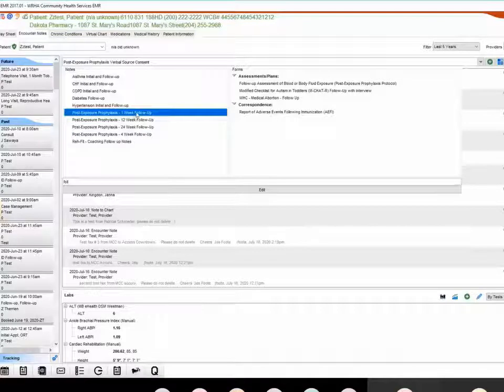The week 1 follow-up will pull up, and they all basically look the same. They follow the same pattern. The reason they're clinical note templates is so that we can include the pick lists. This helps guide the follow-up, making sure that all the pieces of the follow-up are completed, but also that the provider doing it knows exactly what you're following up on.